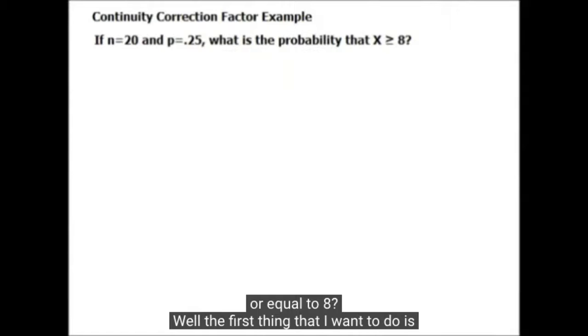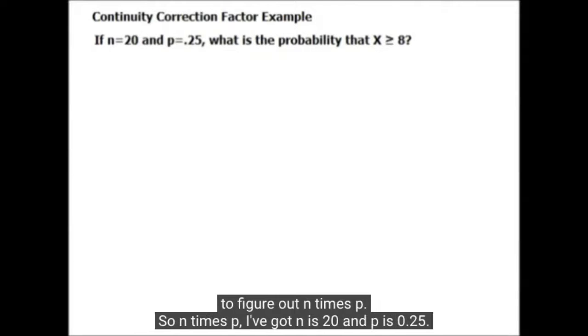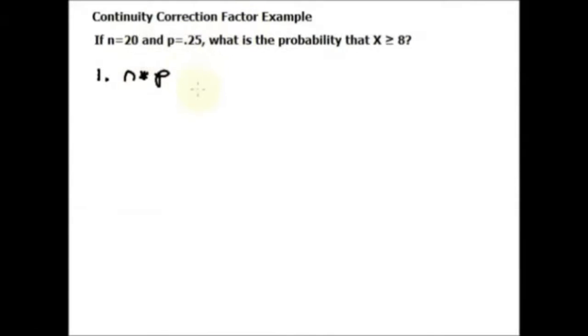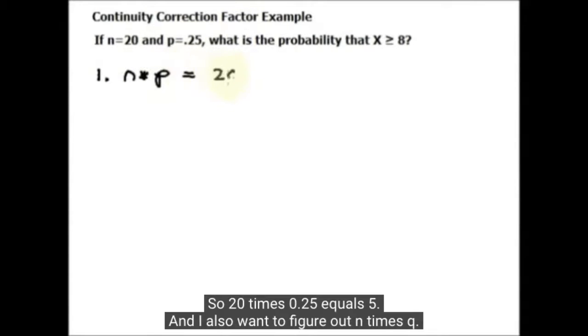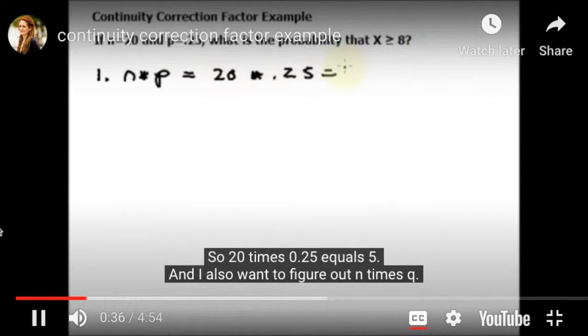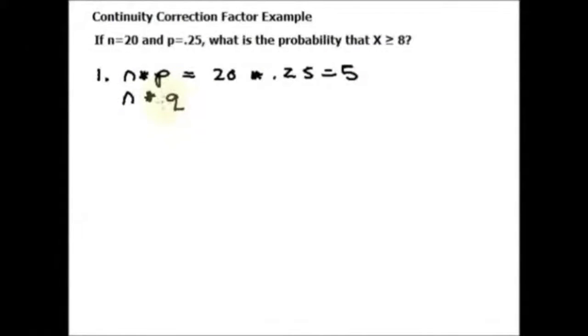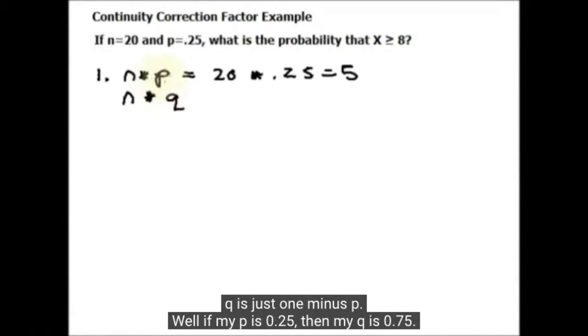Well, the first thing I want to do is figure out n times p. So n times p, I've got n is 20 and p is 0.25. 20 times 0.25 equals 5. And I also want to figure out n times q. Q is just 1 minus p.